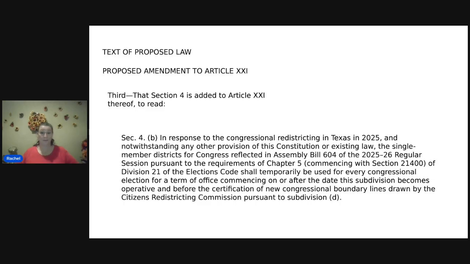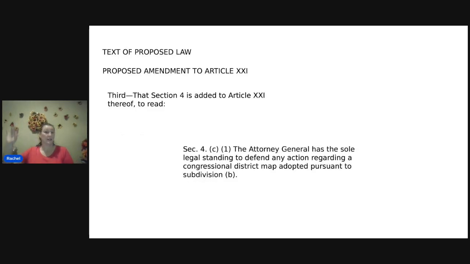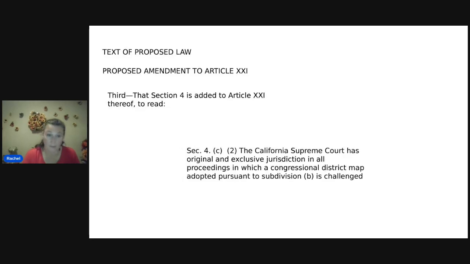All right. So, Section 4C1, the Attorney General has the sole legal standing to defend any action regarding a congressional district map adopted pursuant to subdivision B. So basically, pretty straightforward.